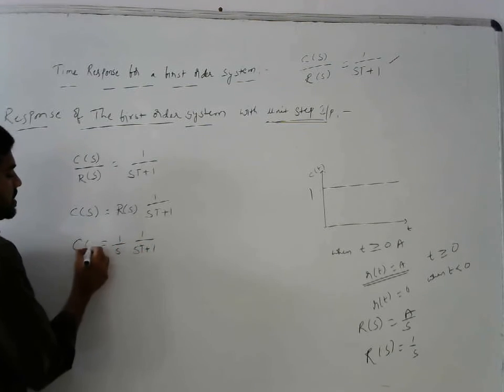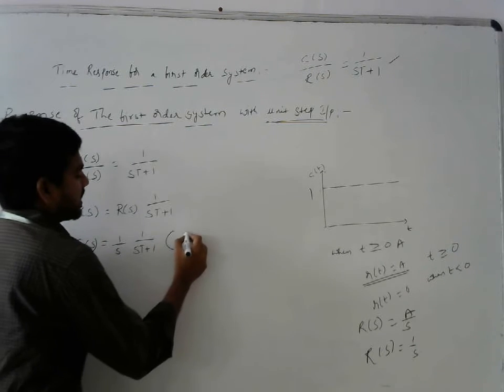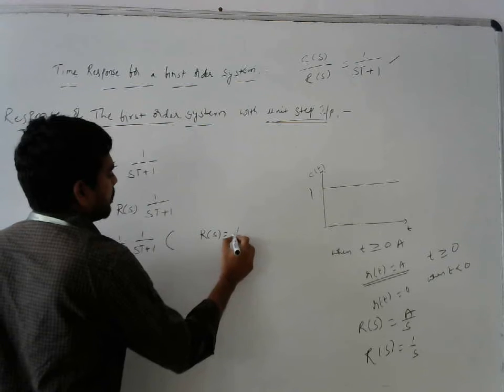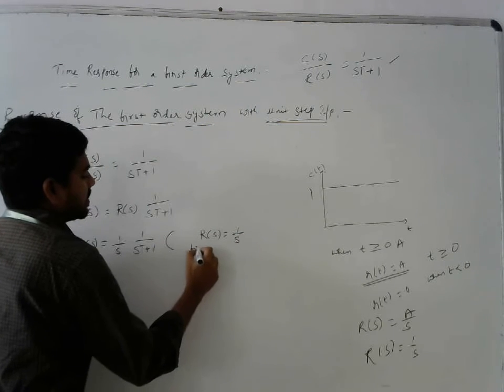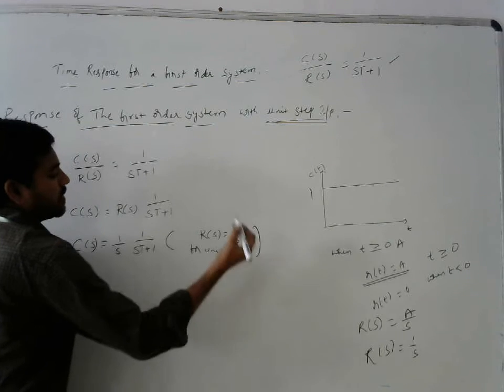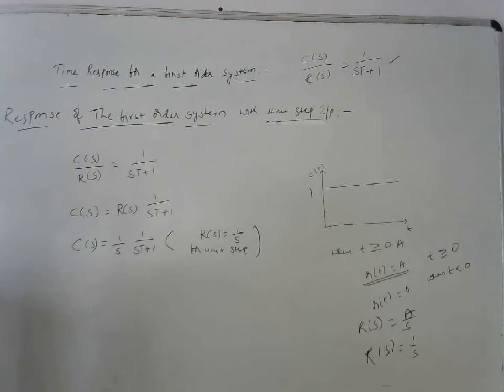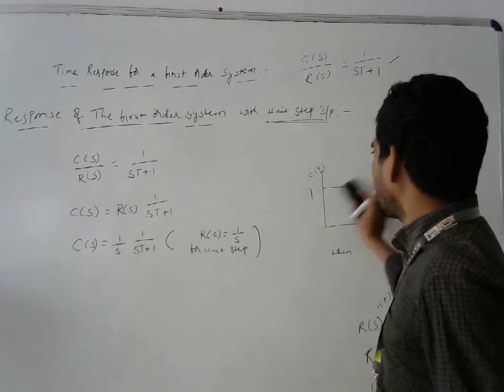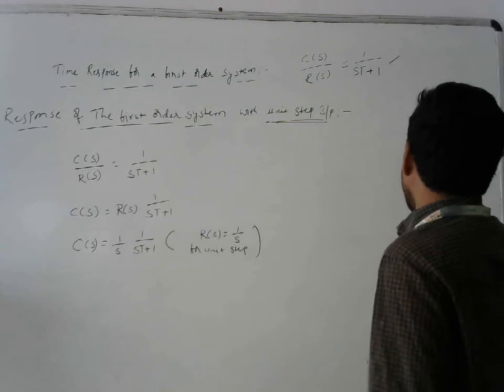This is what C(s) is. Since R(s) is equal to 1 by s for a unit step, we are going to get C(s) equal to 1 by s into (sT plus 1).